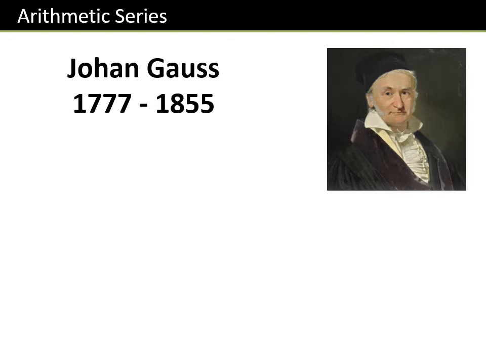As a young boy, 10 years old, apparently he sat in class with his maths teacher, who, trying to buy some time, told the whole class, right, just add up the numbers please from 1 to 100. A minute or so later the teacher looks up and says, Gauss, why are you not working? And he says, oh, well, I've got the answer, sir. It's 5,050, which was, of course, correct.